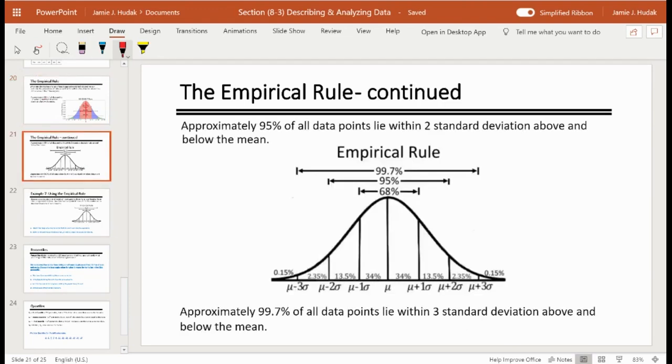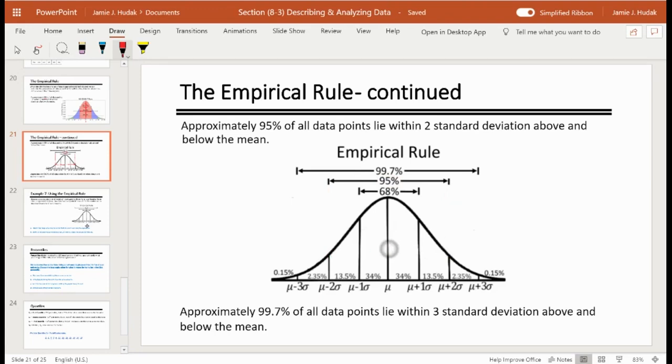If we continue to use the empirical rule, we got our 68% here, but now we have 95%, and we can say that 95% lies within two standard deviations of the mean. So here we see 2 standard deviations to the right, 2 standard deviations to the left, and that gives us 95% of the data.